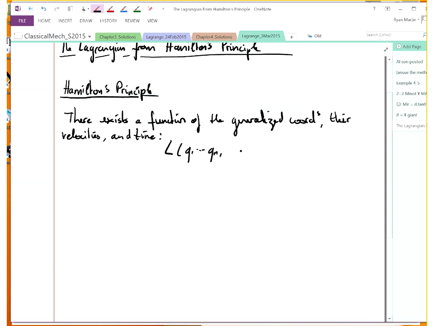So there exists this function, I'm going to call it L, and it depends on the q1 to qn, q1 dot to qn dot, and t. We don't know what that function is. We saw earlier that T minus V works, but let's suppose we don't know that.